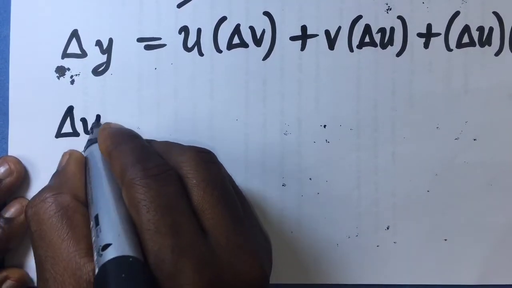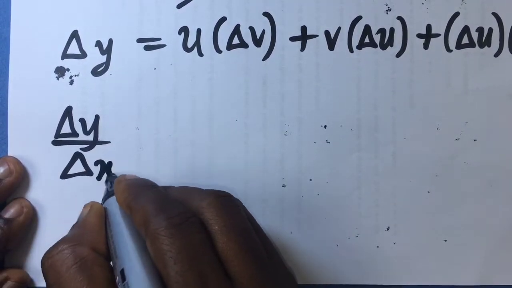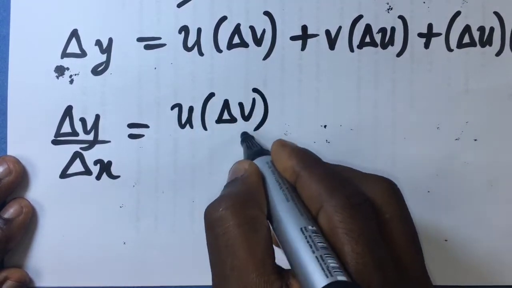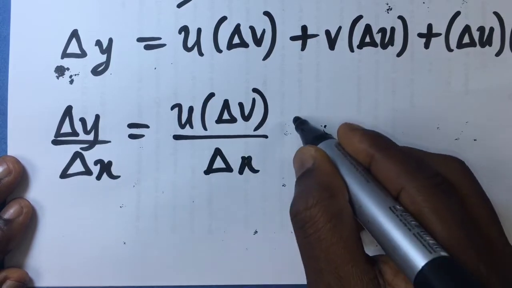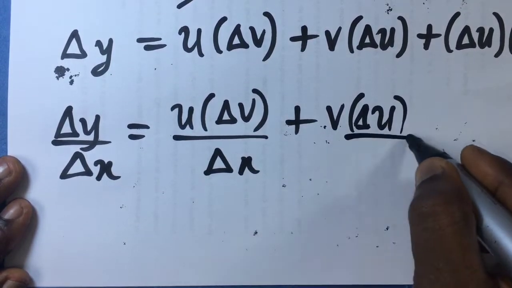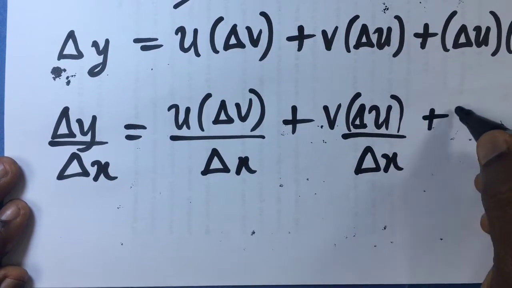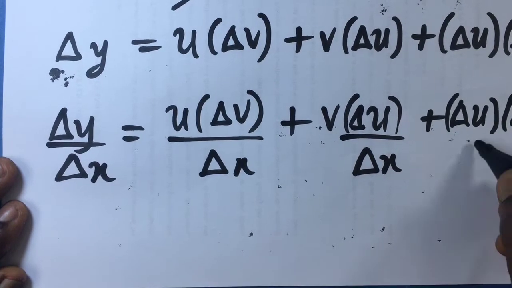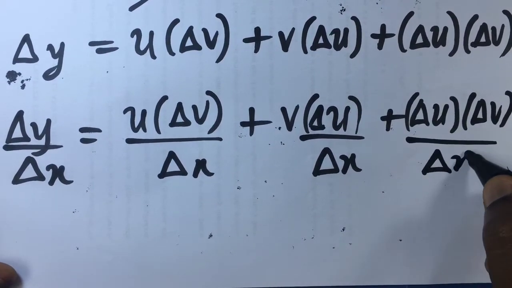So the next thing I'm going to do here is to divide change in y by change in x, and that will mean dividing each term here in the last result by change in x. So change in u all over change in x plus change in u, change in v all over change in x.